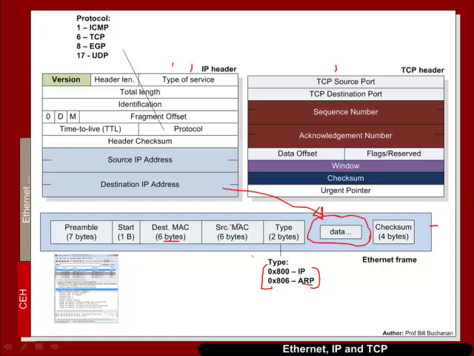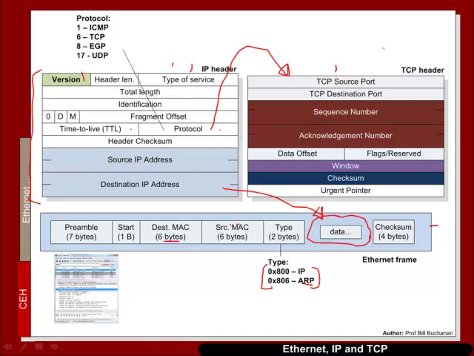Okay, so in this case, if it's 800 hex, then we might get an IP packet header, such as this. We have the version number, the other key things, time to live. The actual protocol is important because the IP can carry most types of transport layer protocol.